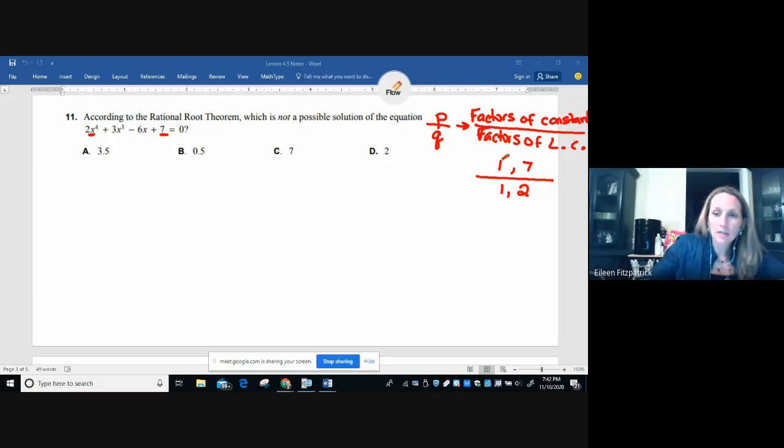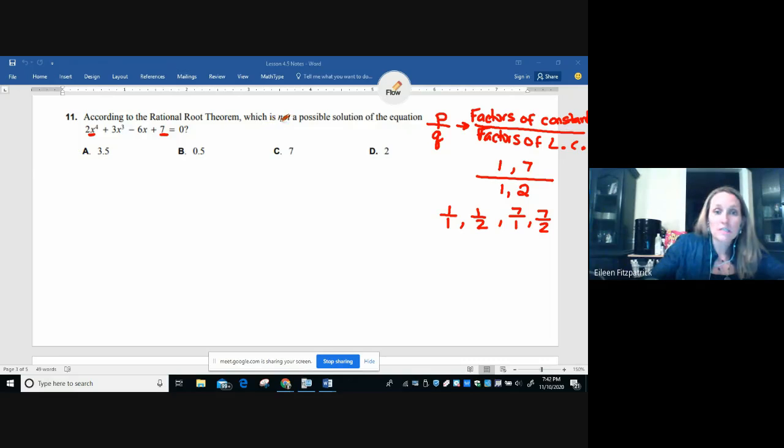So I have to take each factor of the constant and put it over each factor of the lead coefficient. So 1 over 1, 1 over 2. Then the next constant factor is 7, and that has to go over each factor of the lead coefficient. So 7 over 1, 7 over 2.